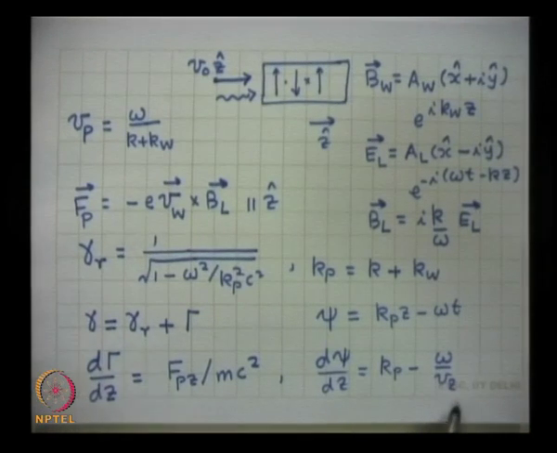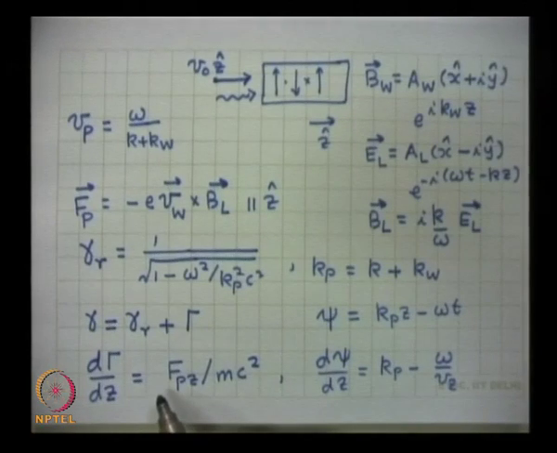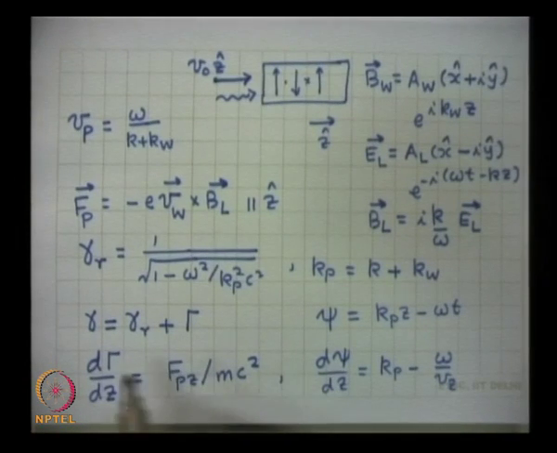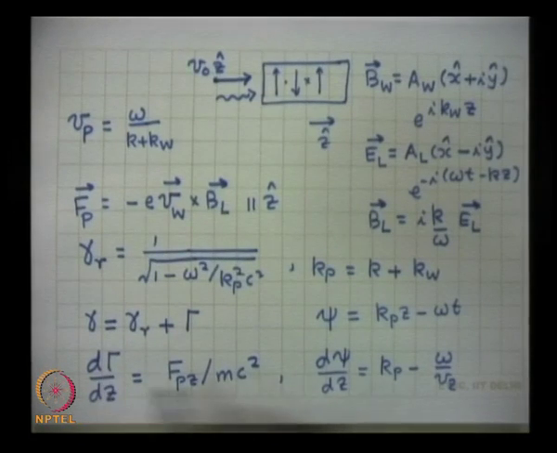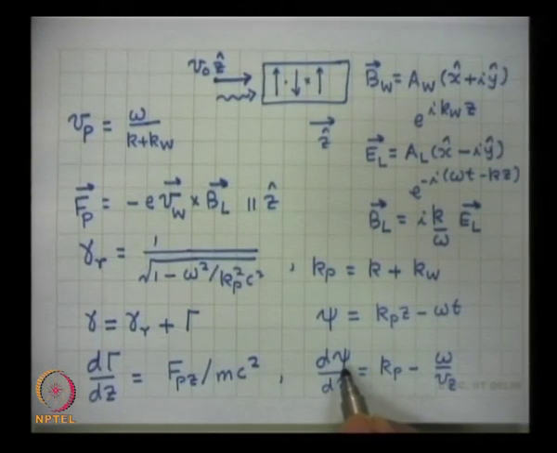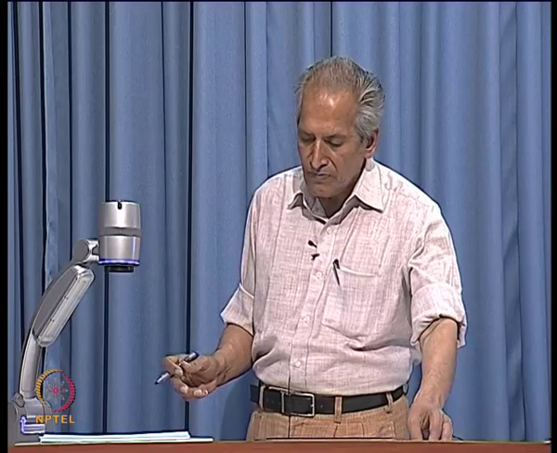Then we wrote down vz in terms of capital gamma. So finally we got two coupled equations, one for particle energy gamma and then phase of the wave as seen by the electron beam. And these equations in dimensionless forms were of this form.